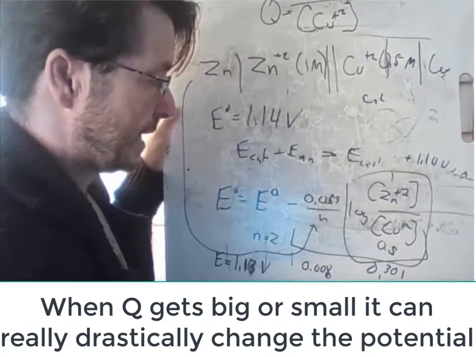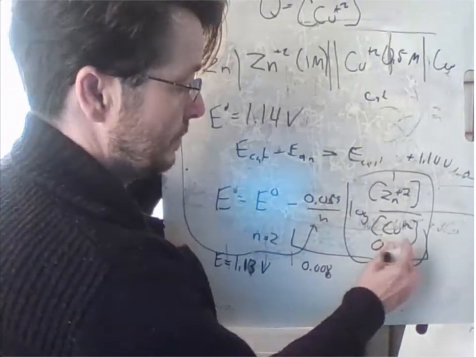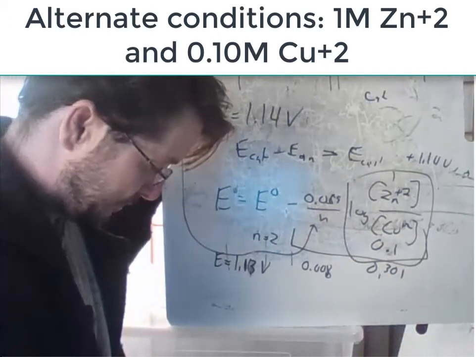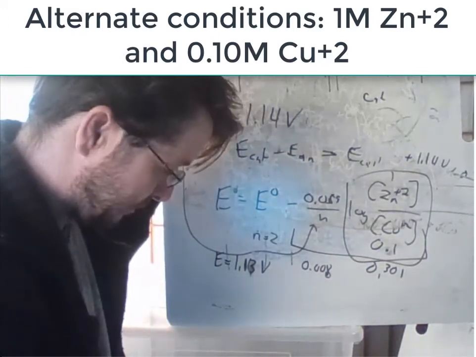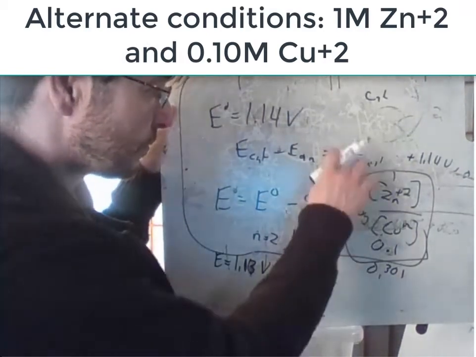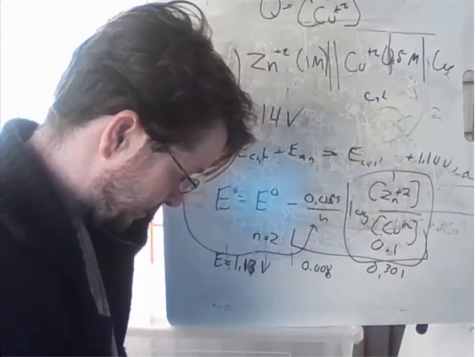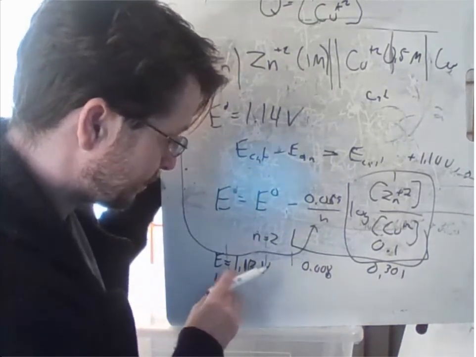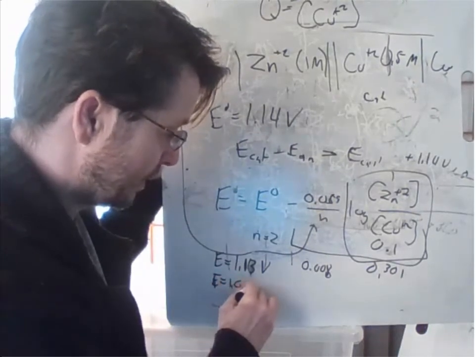Now, if this reaction had been a lot lower, 0.1 molar, this is like 1 to 10, this would now be about 1.01 volts.